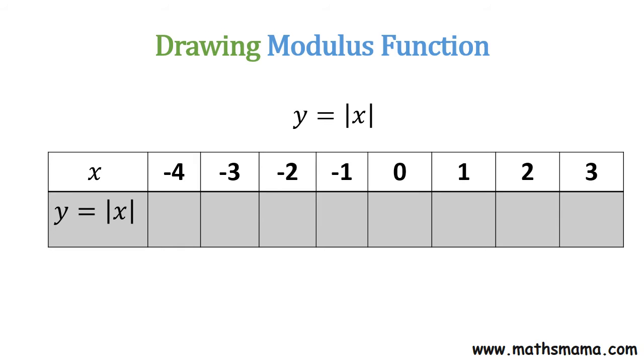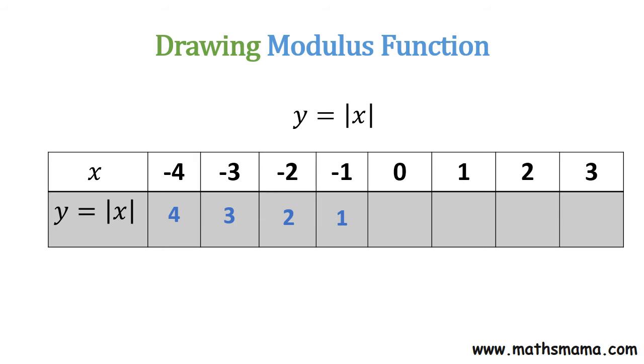So let's start with -4. When you input -4 to this modulus function, it outputs +4, which means it erases the negative sign because it always takes only the numerical value. And when it comes to -3, it becomes +3, -2 becomes +2, -1 becomes +1.